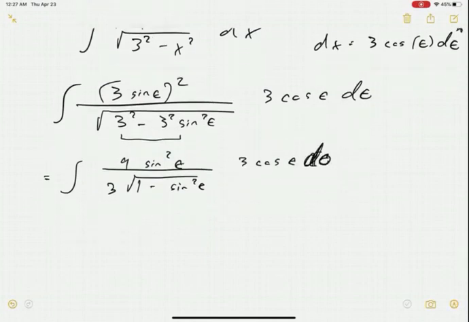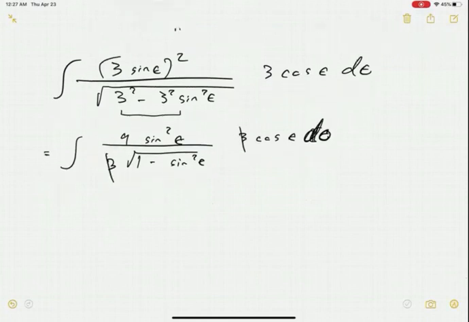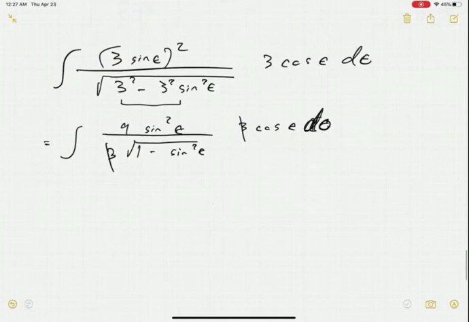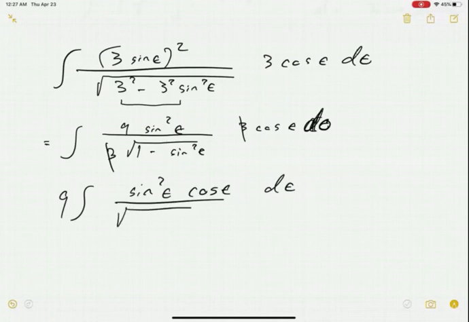Okay, start canceling. This 3 cancels with this 3. I can pull a 9 outside. I got sine squared theta, cosine theta, d theta. Then this is divided by the square root of 1 minus sine squared. But from my identity, I know 1 minus sine squared is cosine squared theta.